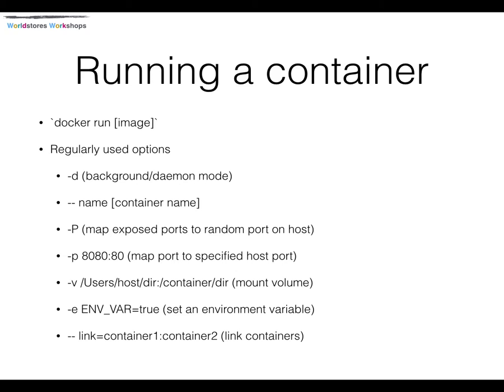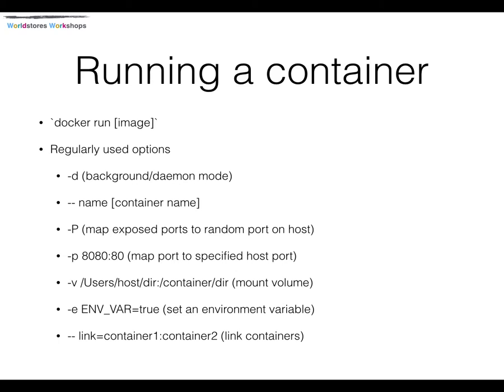So let's say I've got my MySQL container running under a container called Dave's MySQL, and I've got an Apache PHP container, which I want to link to that and use the MySQL service from. So I would specify when running the Apache PHP container, --link=daves-mysql:mysql.